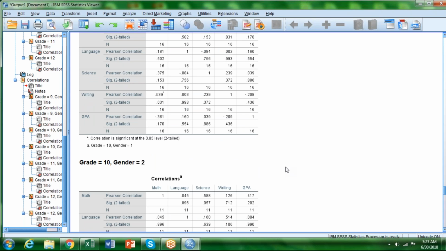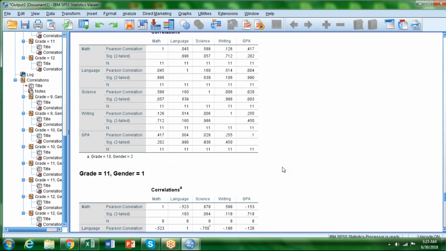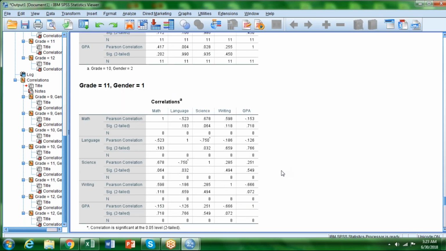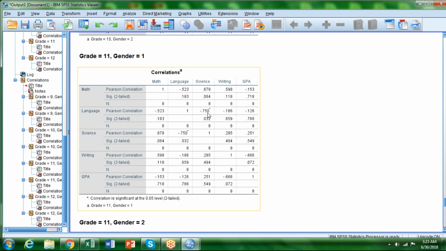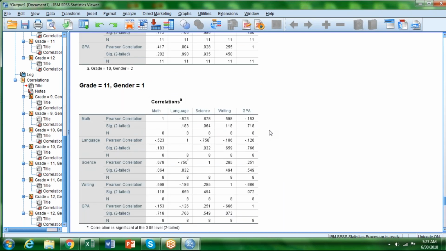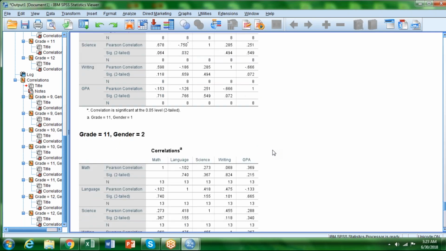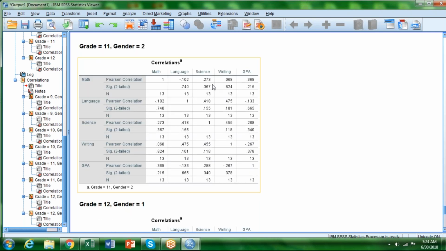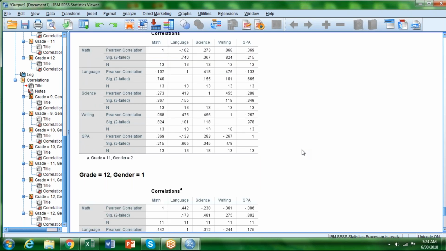So again, looking down through the correlations in each grade level just gives you information about the test and then about the test takers. In the 11th grade, males between language and science have a negative 0.75 correlation, and it is statistically significant, but no significance for the females.